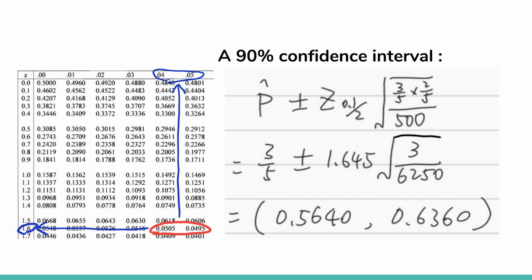The alpha over 2 is 0.1 over 2 and based on the normal distribution table, the z value is between 1.642 and 1.65. Thus, using 1.642 plus the square root of 3 over 5 times 2 over 5 divided by 500. Therefore, we get the minimum value 0.5640 and the maximum value 0.6360.